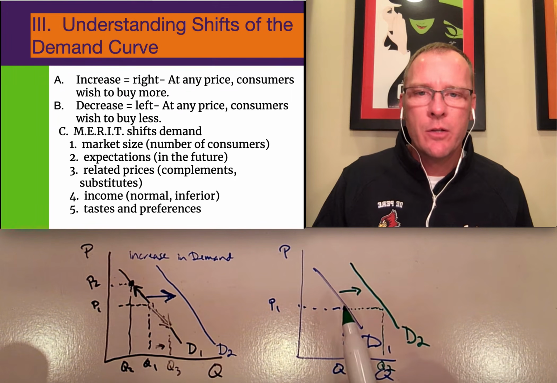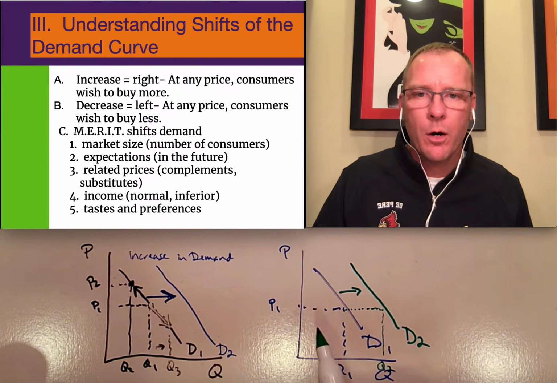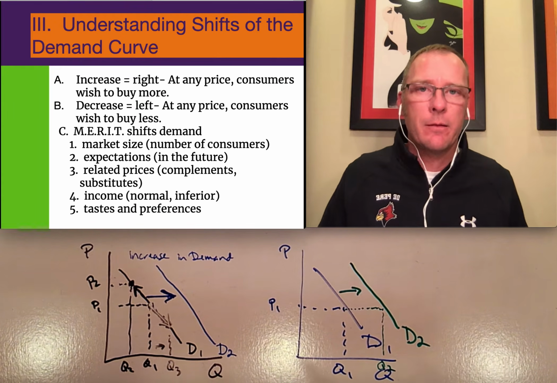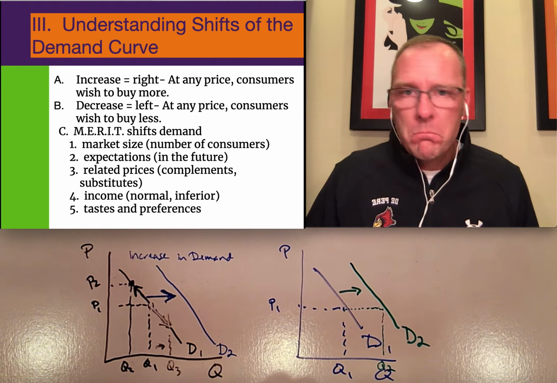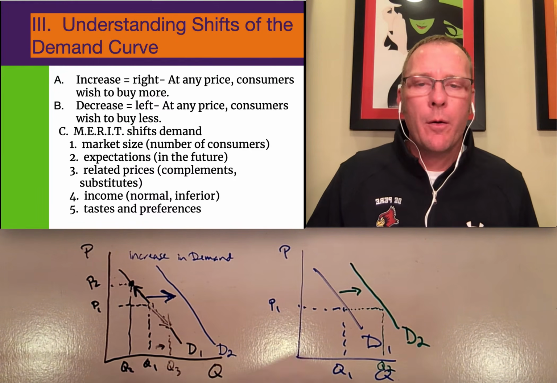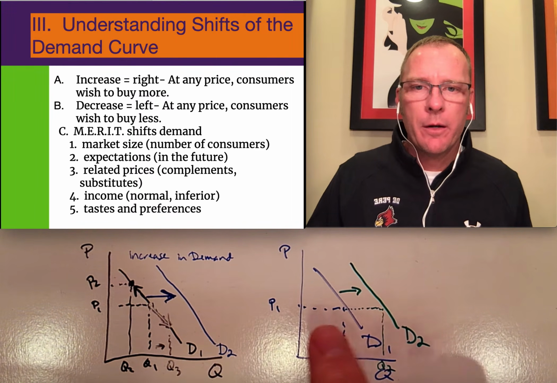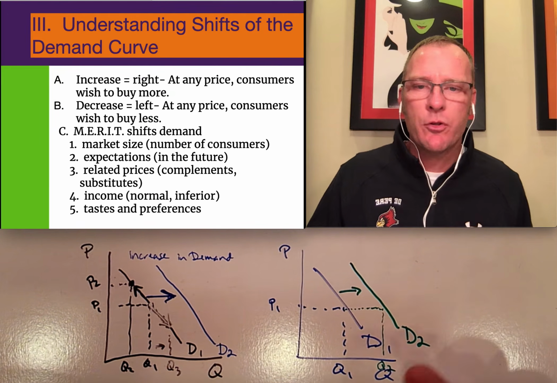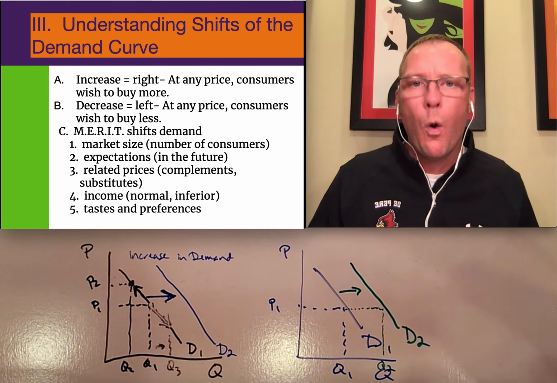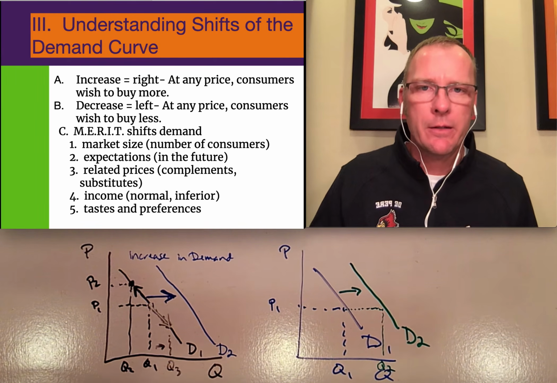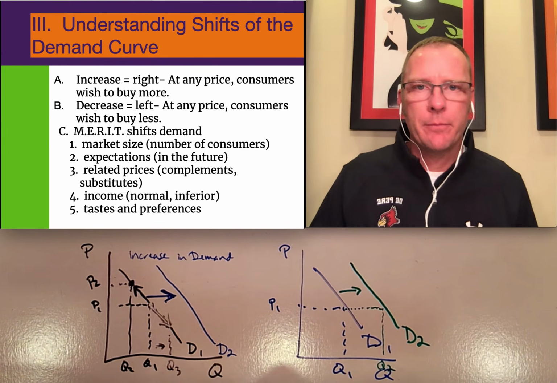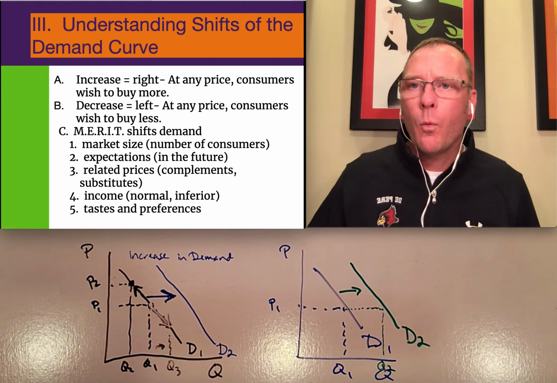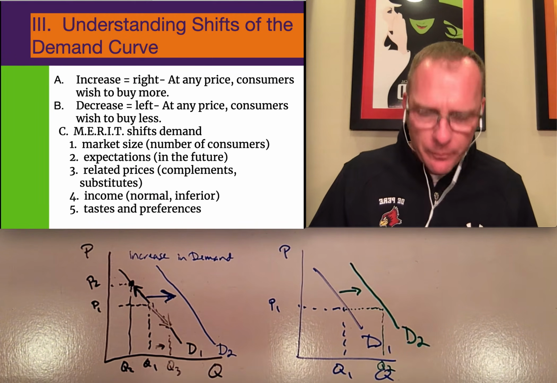So because I saw this increase in demand, I saw more quantity, but my price might have stayed exactly the same. Will prices go up eventually? Yeah, you'd think so, right? But as of right now, the market didn't have time to adjust. The price stayed the same. It was just like a whole bunch of quantity was wanted at this time because market size increased. You could talk like baby boomers might happen, right? Something along those lines.